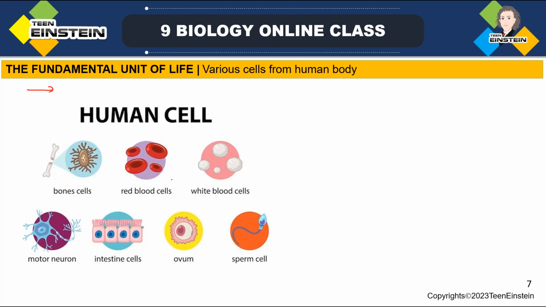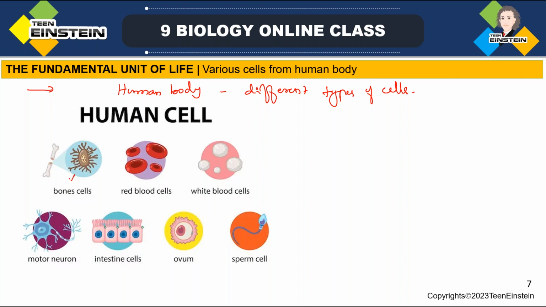See here, some pictures you can see. In a human body, you can see different types of cells. These different types of cells are present in the human body. How many types can you see? You can see several types here. All these are human cells.